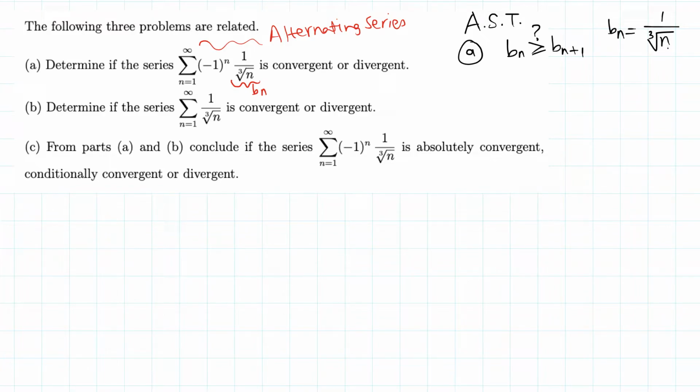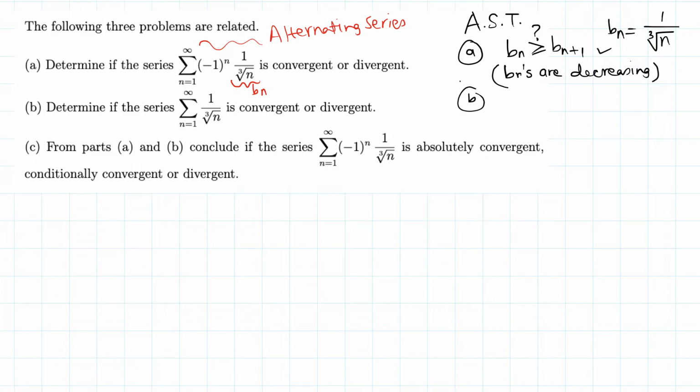When n gets bigger and bigger, the cube root of n is also bigger. When the bottom is bigger, 1 over a bigger number means smaller. Yes, as n gets bigger, these terms are getting smaller and smaller. So this is true, the Bn's are decreasing.